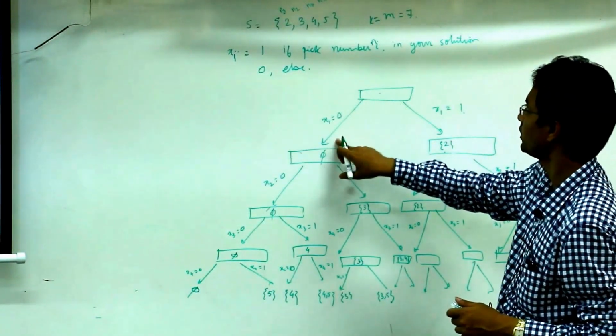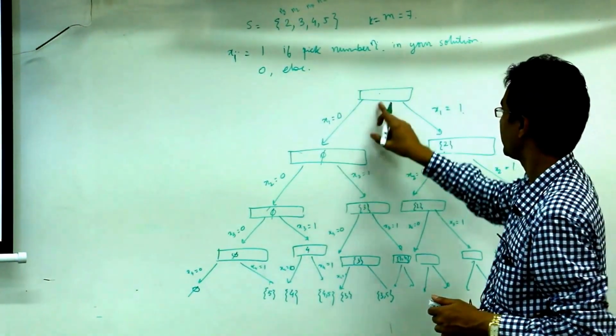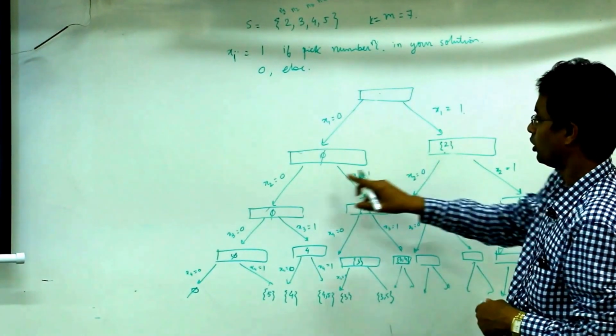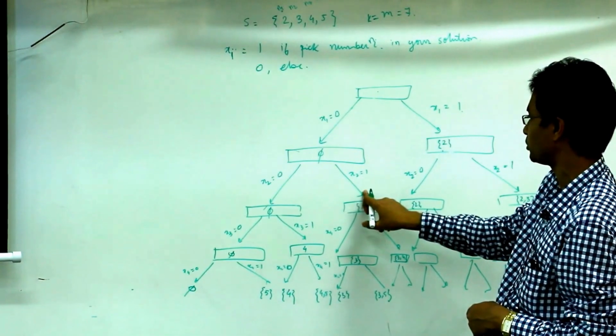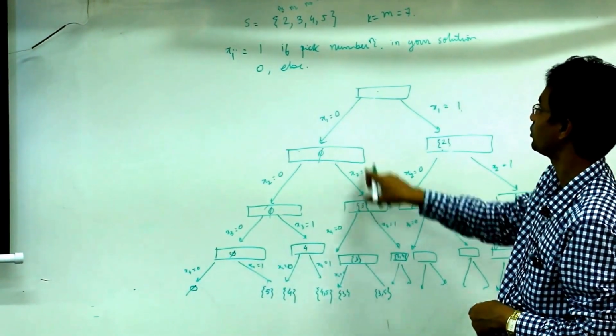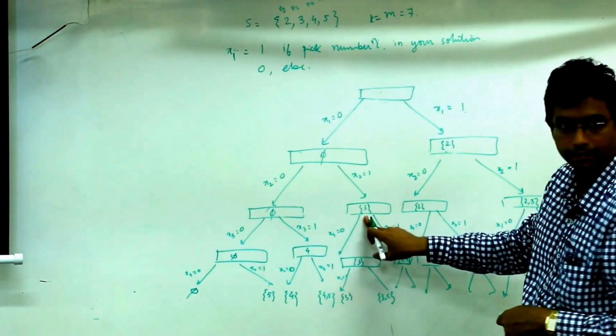Here you have not picked x1, so this is 5. Here you have picked x1, so this is 2. From here you have not picked any element, so this is again 5, and here you have picked x2. So it was 5 and you have picked x2, so the solution is 3, and so on.